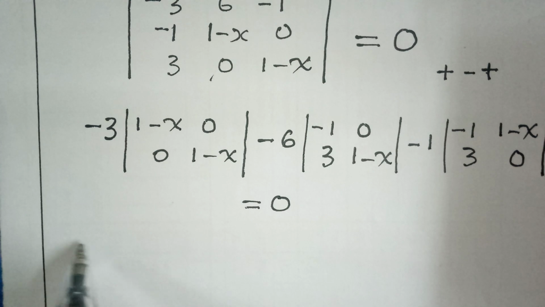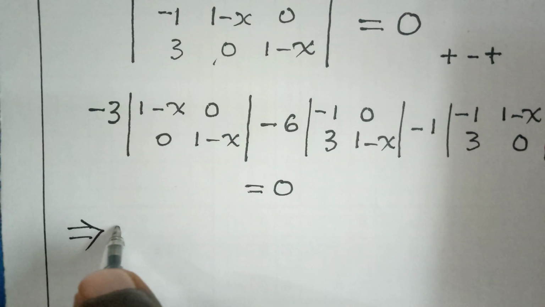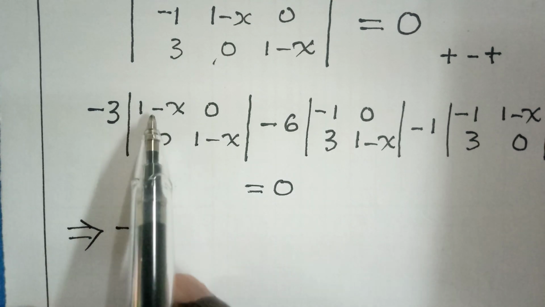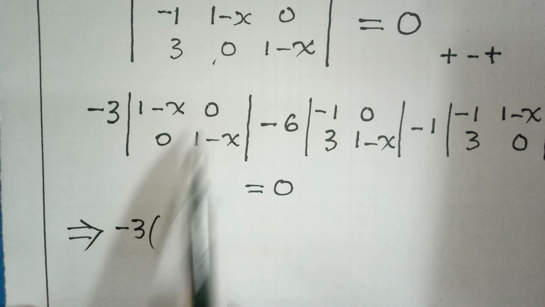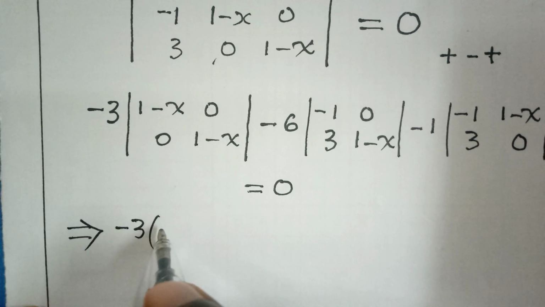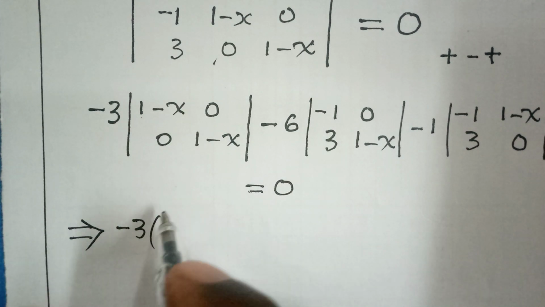So we shall have -3 multiplied by, this is the major diagonal minus the minor diagonal. So the minor diagonal is 0. We are left with only the major diagonal, and we multiply the numbers in the major diagonal.